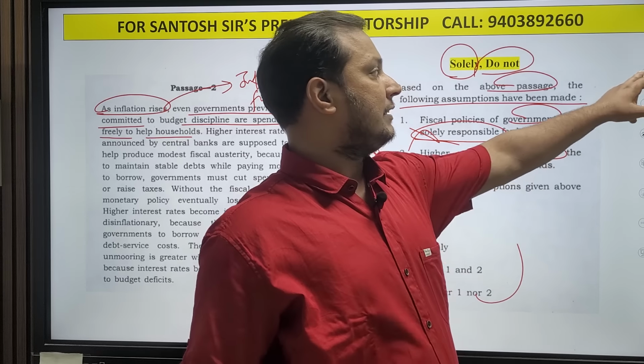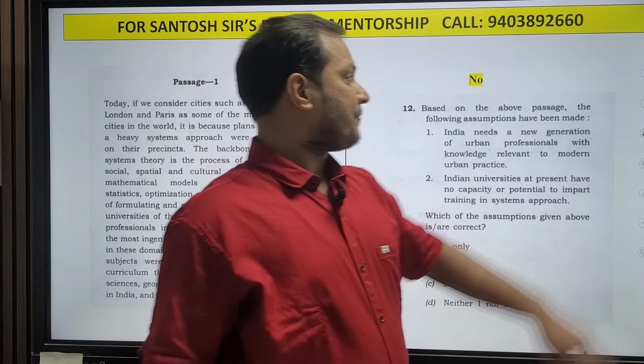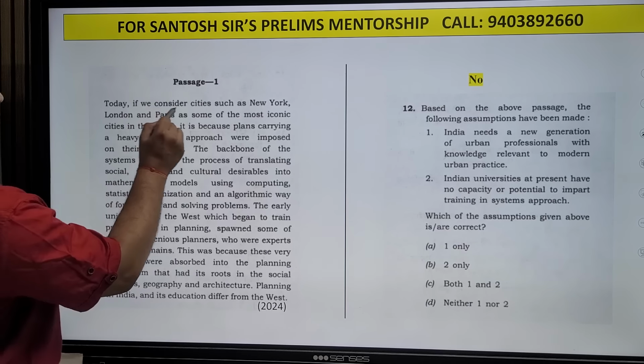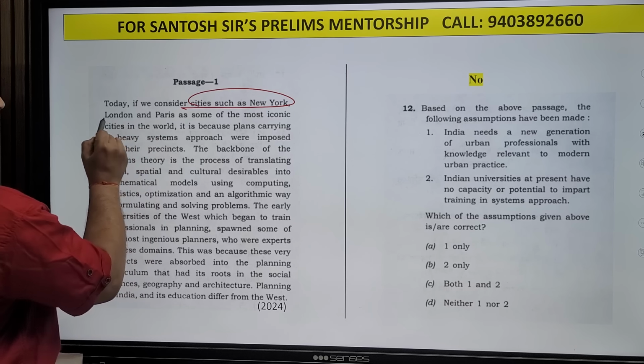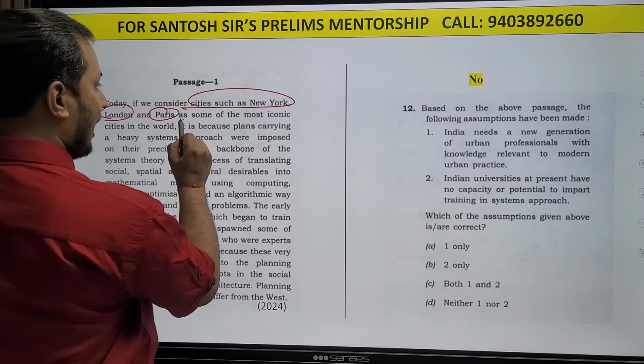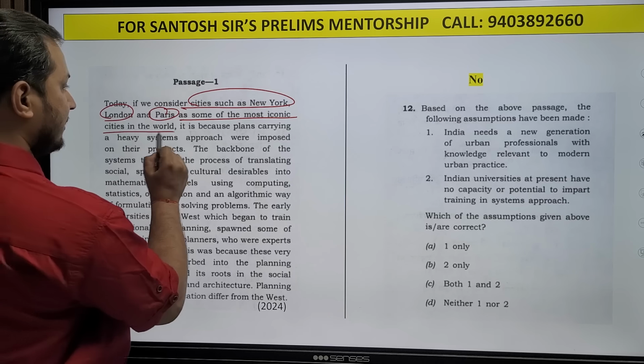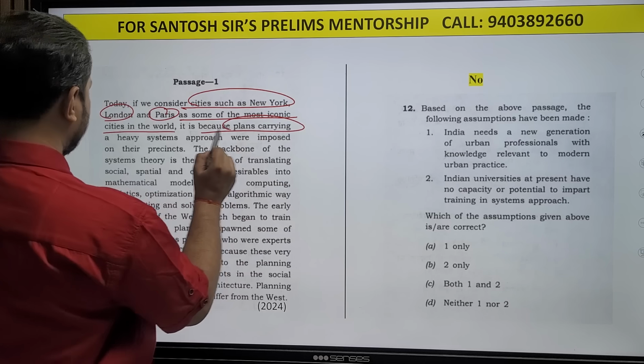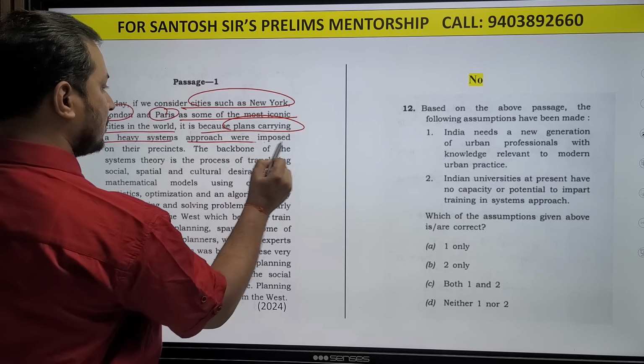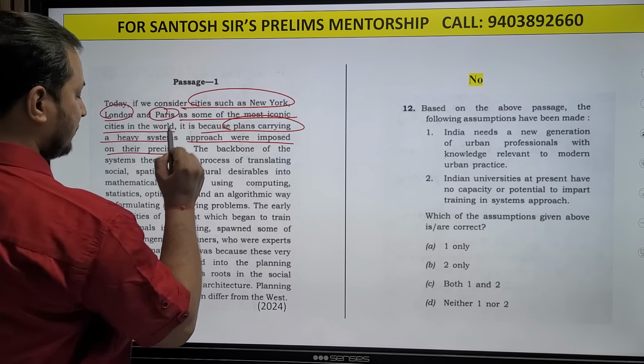Okay, let us now see another passage, guys. Today, if we consider cities such as New York, London, Paris as some of the most iconic cities in the world, it is because plans carrying a heavy system approach were imposed on their precincts.